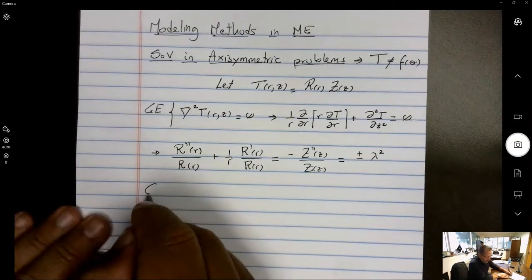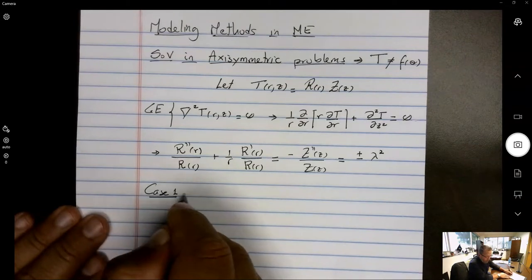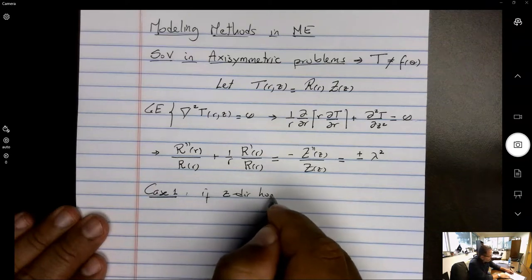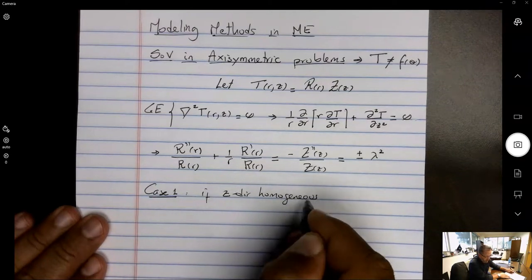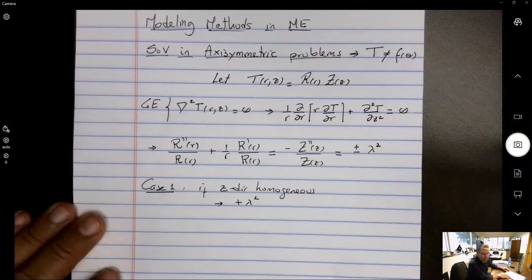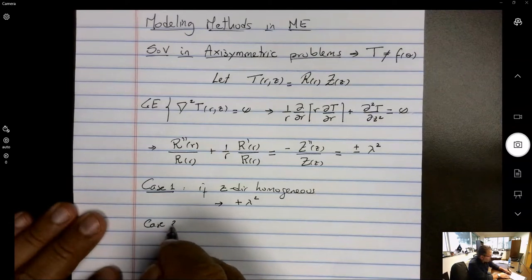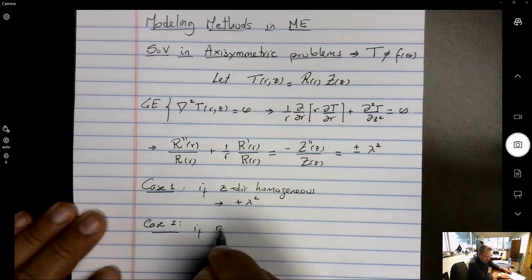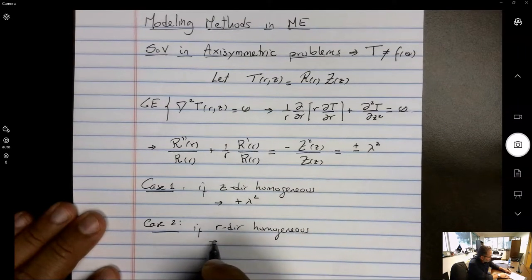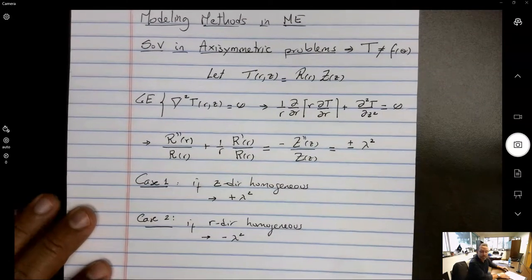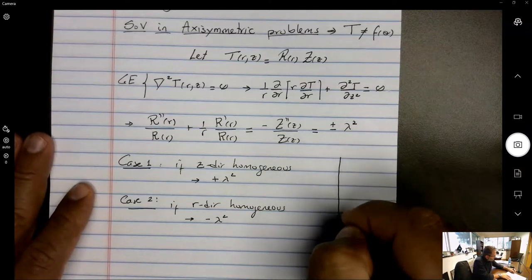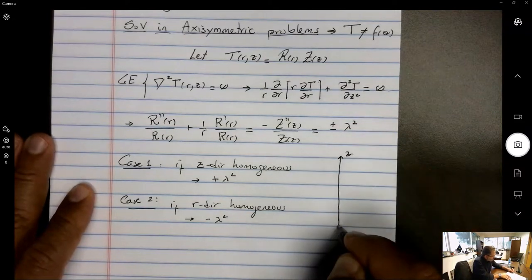So basically, case 1 would be if the Z direction is homogeneous, then we select plus lambda squared. In case 2, if the R direction is homogeneous, then we select minus lambda squared. So remember that this is the Z axis.